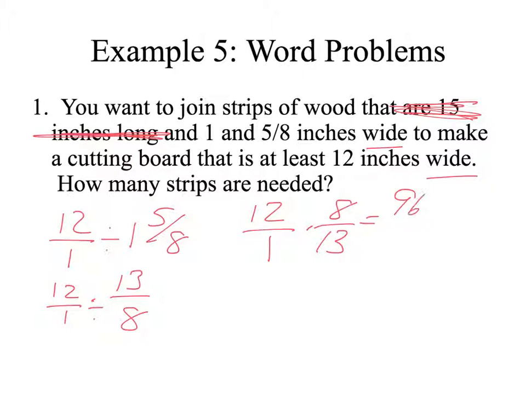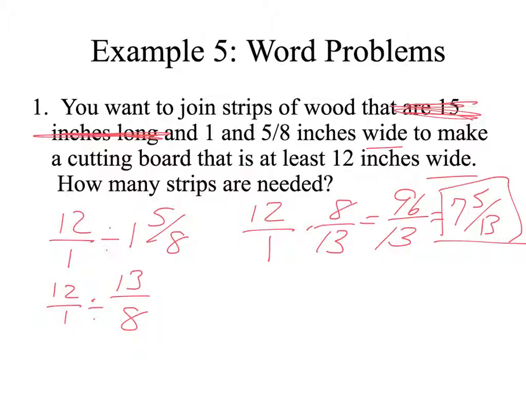That's 96 over 13. And I get 7 5/13. Now the question said, how many strips of wood are needed? And I got the answer 7 5/13.